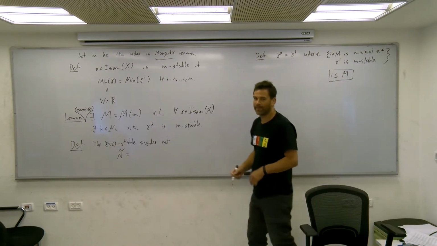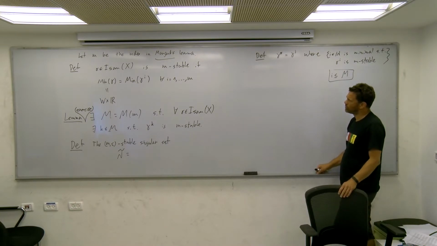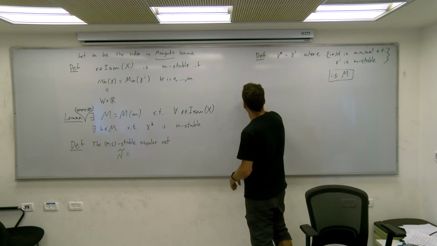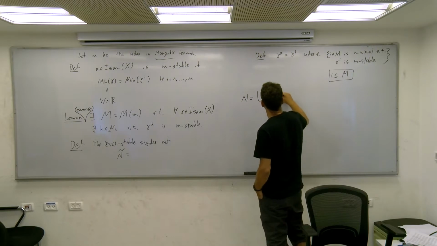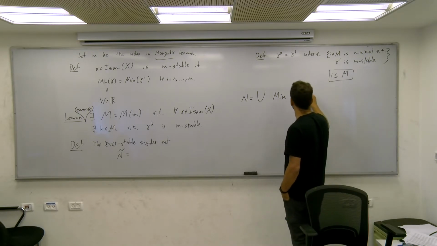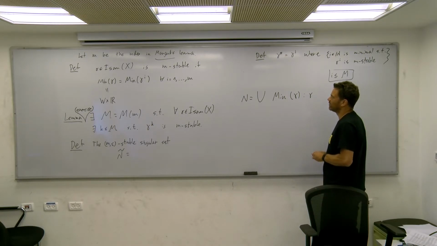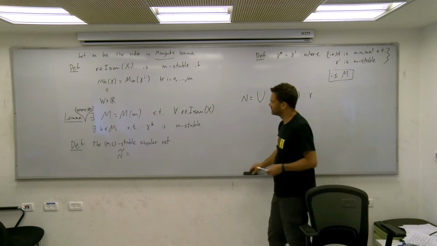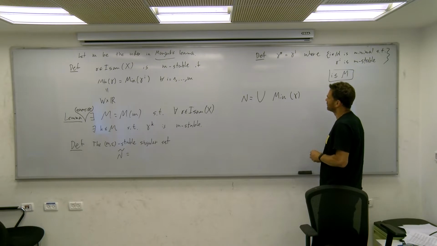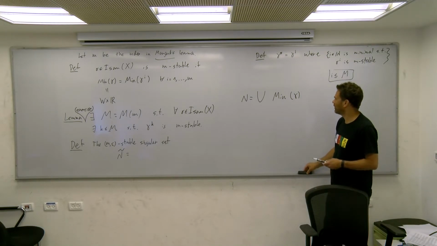Okay, the lemma, and now I will define N to be the union of minimal gamma such that... Still not clear to me how to define N precisely.